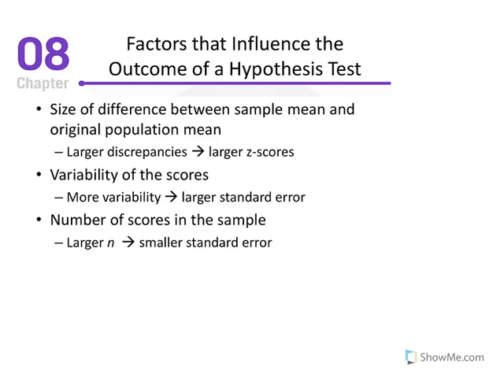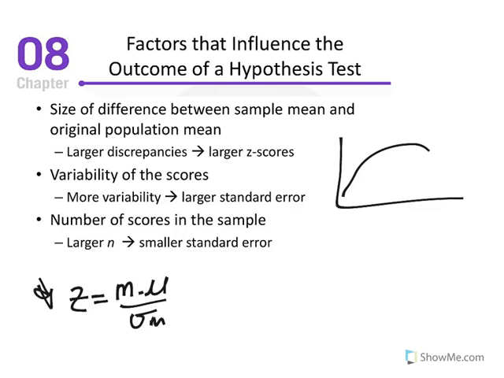So given the equation of how we generate a z-value, z is equal to M minus mu over the standard error, let's discuss how changing any of these variables will have an impact on our z-value. Because again, we want z-values out in the tail, and by producing a z-score out in the tail, it enables us to reject the null hypothesis.